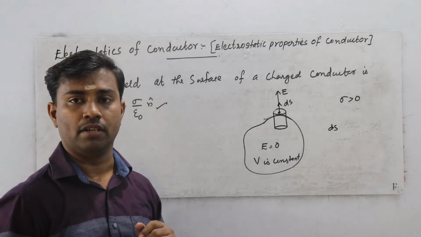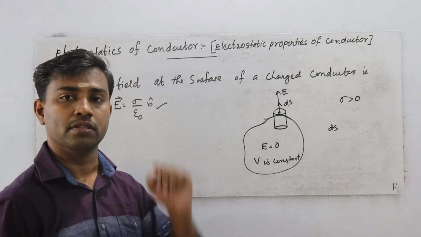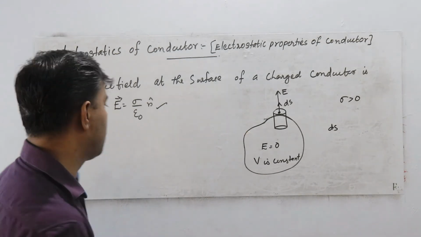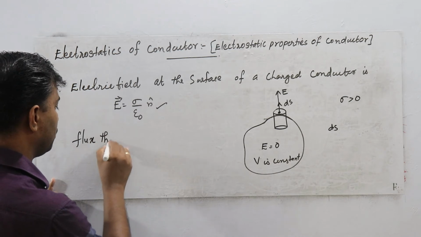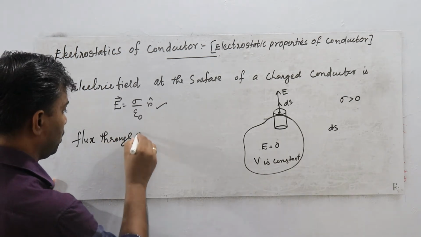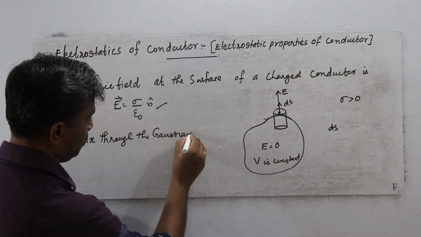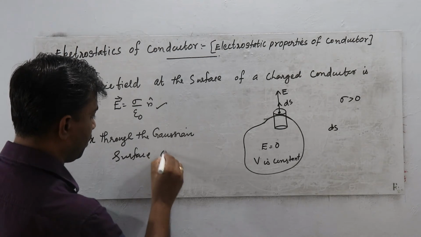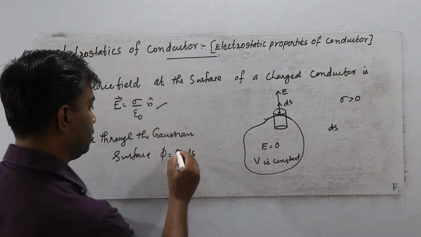First, we are going to find the flux through the Gaussian surface. The flux is given by phi is equal to the integral of E dot ds.